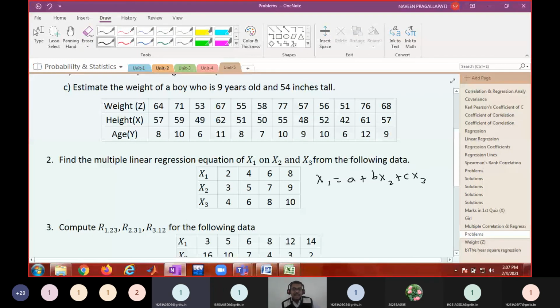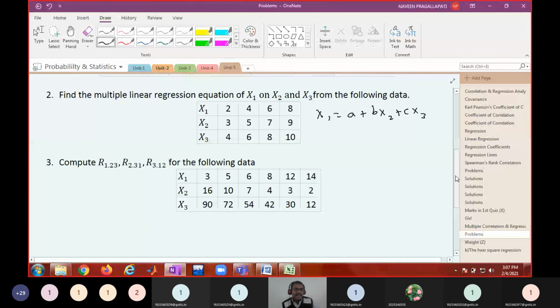And in this case, you are asked to find all three multiple correlation coefficients. All three formulas require the computation of correlation coefficients between x1 x2, x2 x3 and x1 x3. You write down the formula by taking i equal to 1, j equal to 2 and k equal to 3.